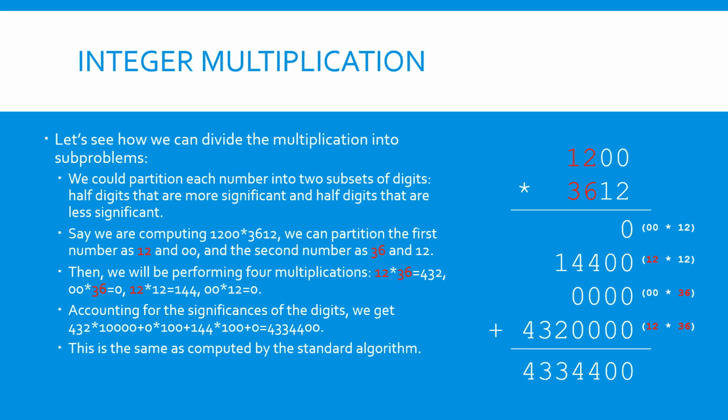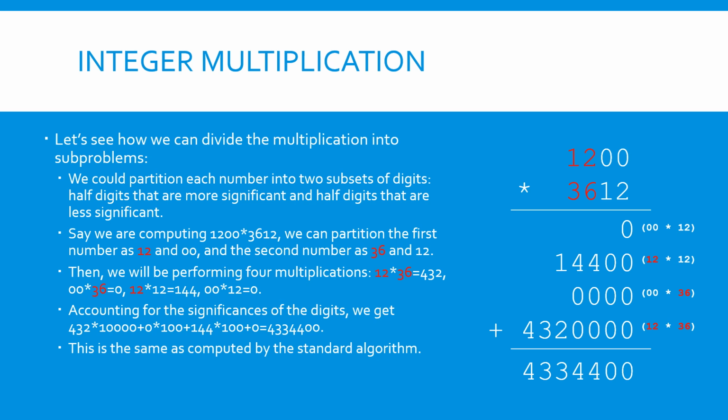The first half contains the most significant digits, while the second contains the least significant digits. For example, given the integer 1,200, we can divide it into two halves: 1, 2, the most significant digits, and 0, 0, the least significant digits. Similarly, for 3,612, we divide it into 3, 6 and 1, 2.